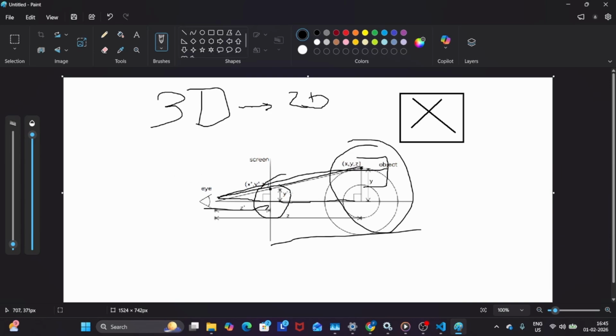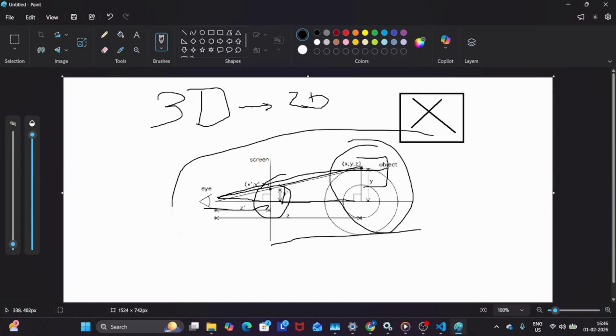As you can see, it is smaller, the height is y. So this looks smaller. That is the perspective thing which we need to implement our 3D things, so it will look good.